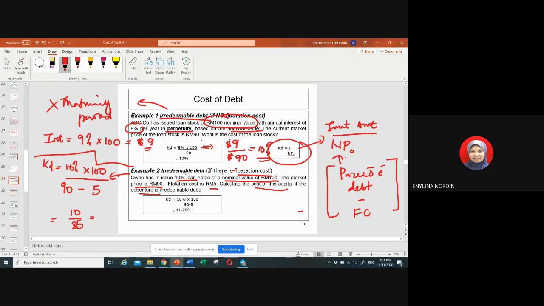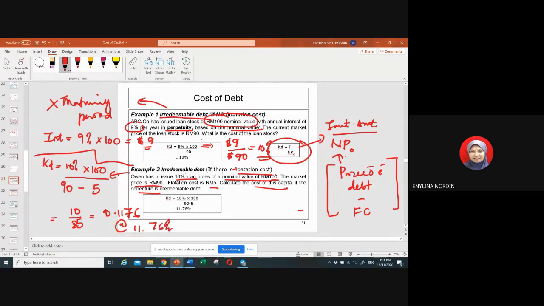That gives you 0.1176, or 11.76%. That is how you calculate the cost of debt for irredeemable debts. The rule is you need to identify first whether the debt issued by the company is irredeemable or redeemable. Then you can choose the right formula, whether to use the redeemable debt formula or the irredeemable debt formula.